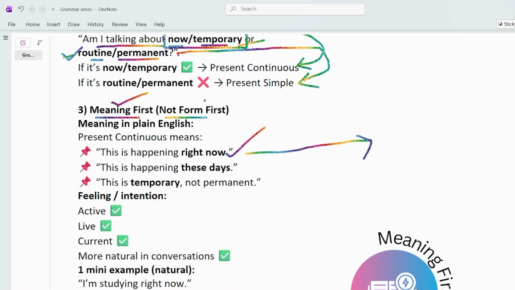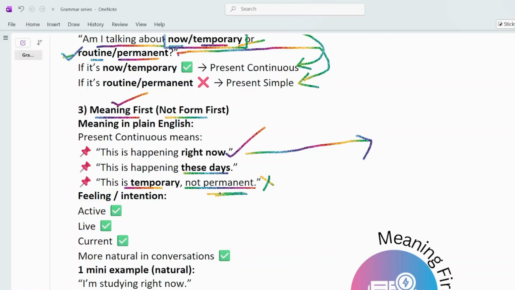Okay, let's look at the next part. All right, so first understand the meaning like a speaker. It means present continuous is used when things are happening right now, okay, or things are happening these days, in the sense nowadays. This is a temporary situation and not a permanent one. For permanent, you use simple present.